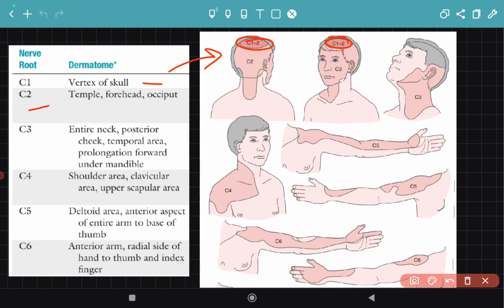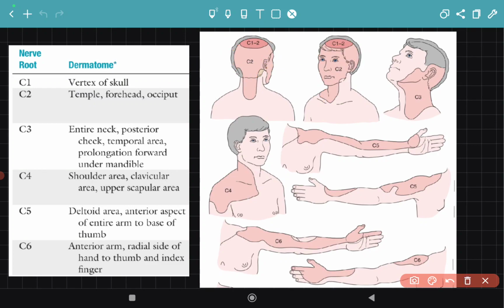C2 is now the temple, forehead over here, and occiput, the back part. We can see it also extending this way. So this whole part is C2, anteriorly and posteriorly, both ways.